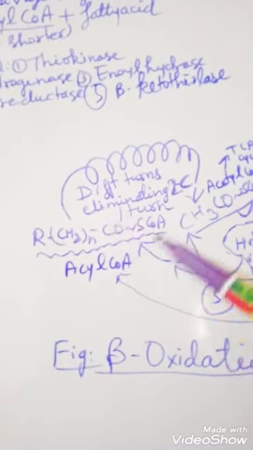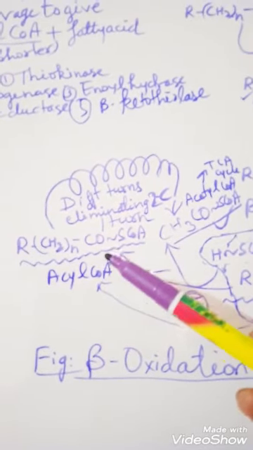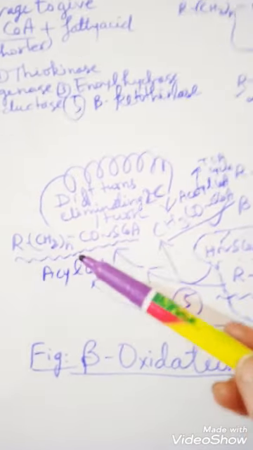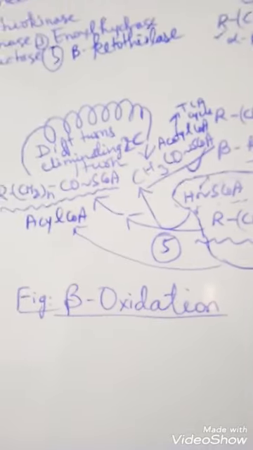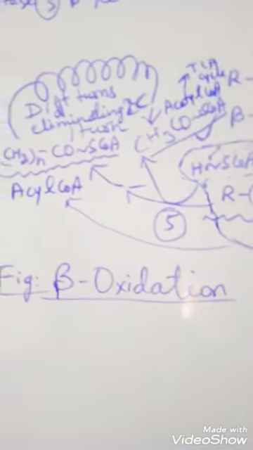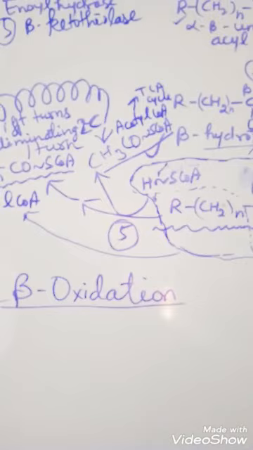This is two carbons smaller. The fatty acyl coenzyme A again enters the same cyclic process. You could see the same cyclic process, 1, 2, 3, 4 and 5, as a new spiral.